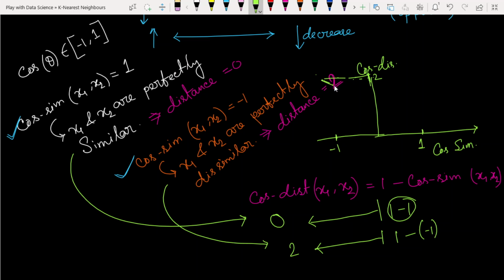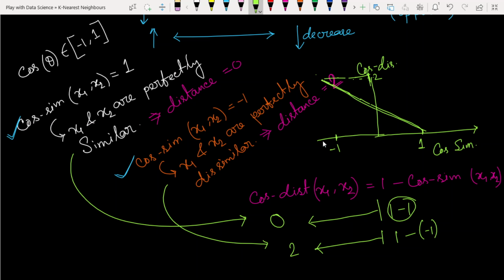If you join these two points, you can easily see that if we increase the cosine similarity, the cosine distance decreases. This is simple. I think this kind of function is clear.